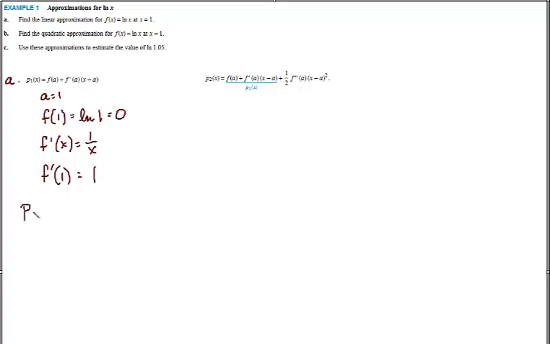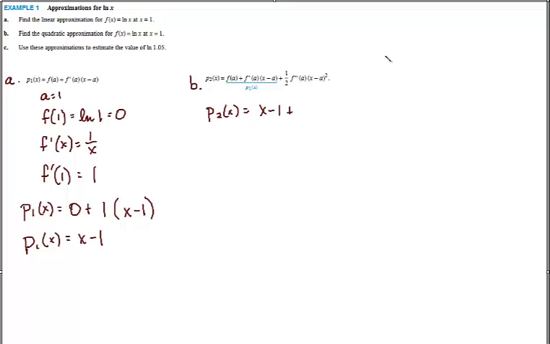So this linear approximation we'll call P1 of x is going to be equal to f of a. F of a is 0 plus f prime of a, that's 1, times x minus 1, because my a is 1. The linear approximation is x minus 1. So for the quadratic approximation, P2 of x is going to be equal to, I'm going to need P1, which is x minus 1, plus, and now I've got to go find these things.